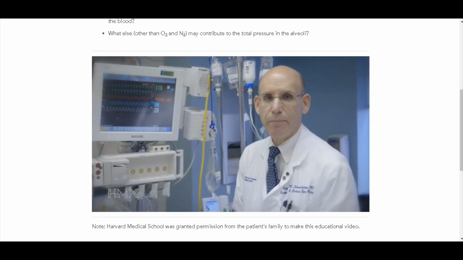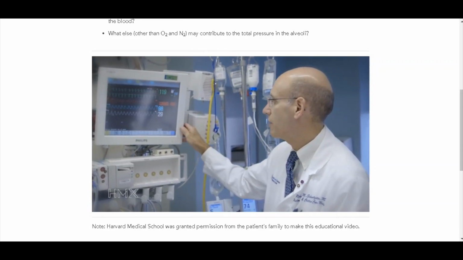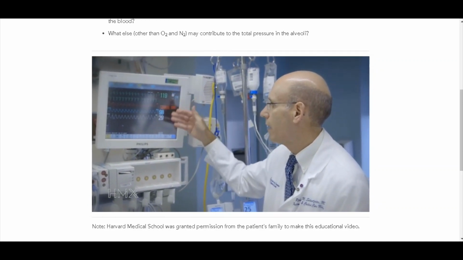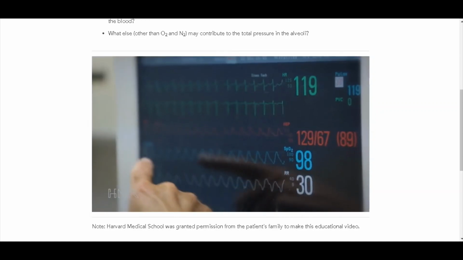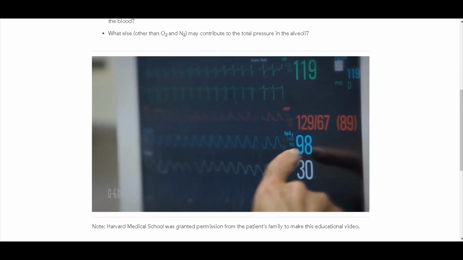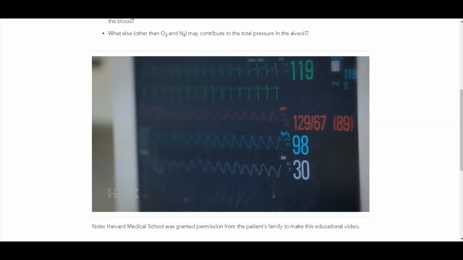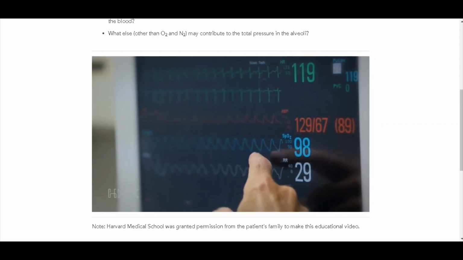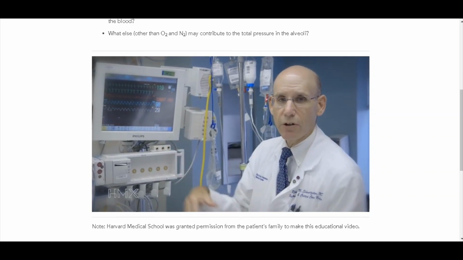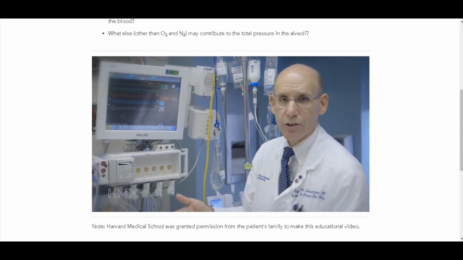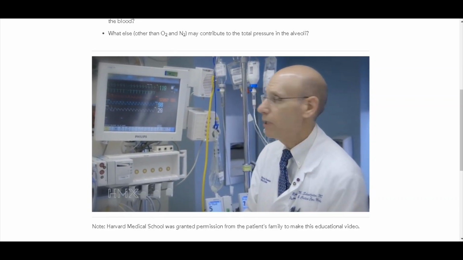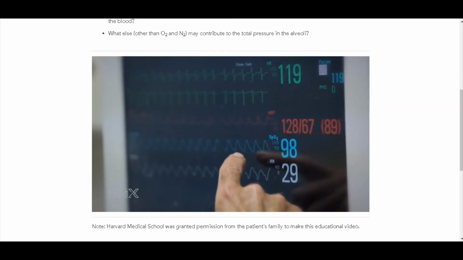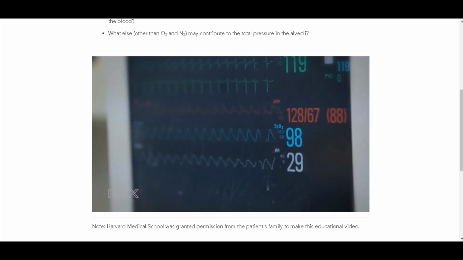So we're now at the bedside monitor for the patient, and we are looking at some other data that we keep track of on a regular basis, moment to moment. The third level here is something called the oxygen saturation. We talked about the fact that oxygen moves from the alveolus into the liquid portion of the blood where it's dissolved, and then moves onto the hemoglobin and binds to sites specific for oxygen.